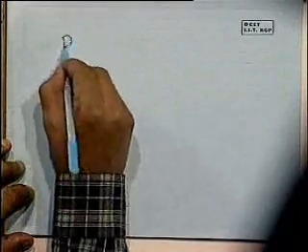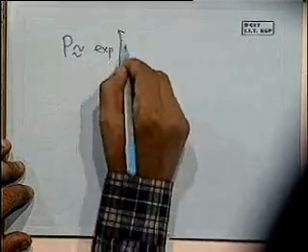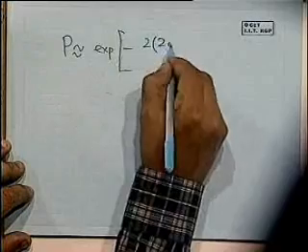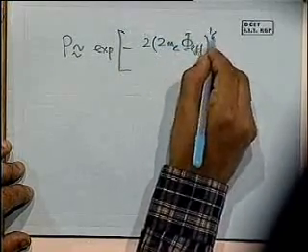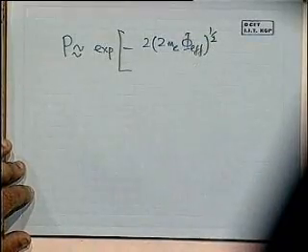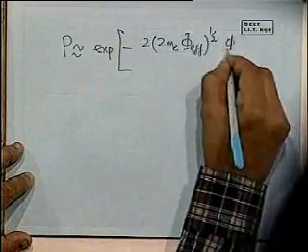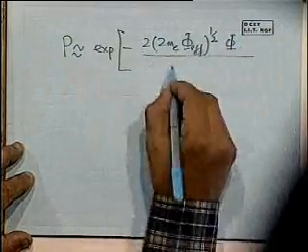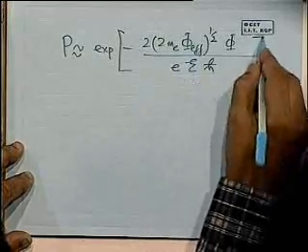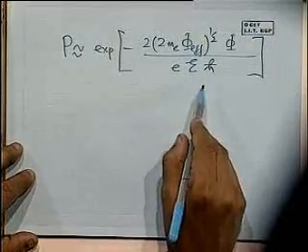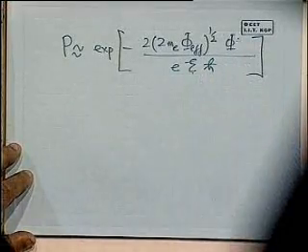And so now we write that the probability of tunneling through is exponential minus 2 times 2me phi effective raised to the power half, and we are making the substitution for xf as phi by E times the field. So we will write phi by E times the field, and then you had the h bar term there. So we simply substituted for xf in terms of phi and the applied field.